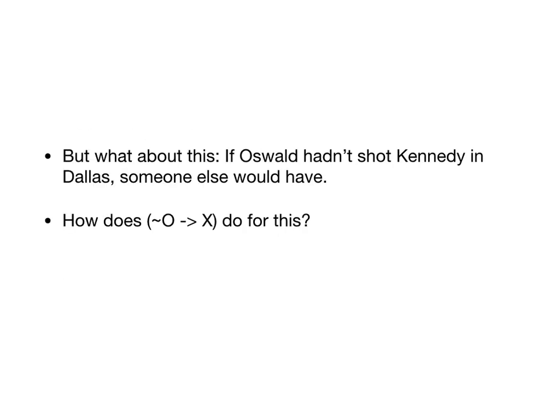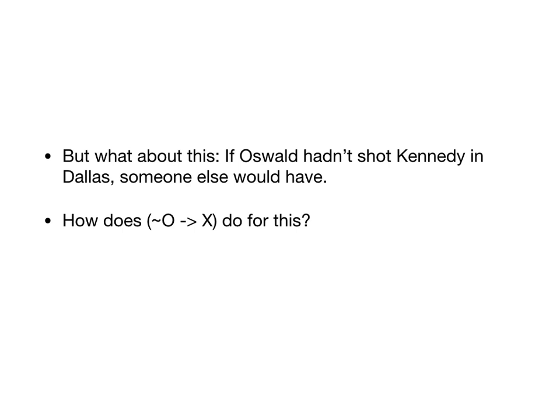It is not obviously true that if he didn't do it, someone else would have. I actually think he acted alone. I think if he hadn't shot Kennedy, no one would have shot Kennedy, at least in Dallas. Some other assassin might have done it. It might have been successful. I don't know. But I don't think this statement is true.